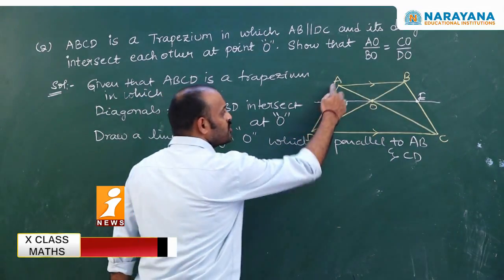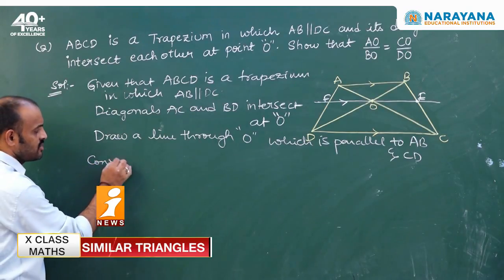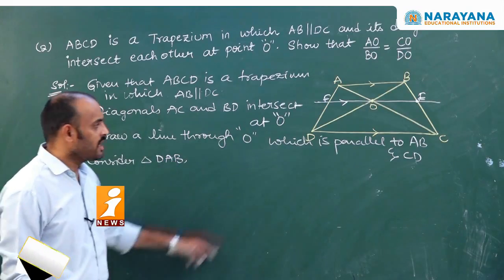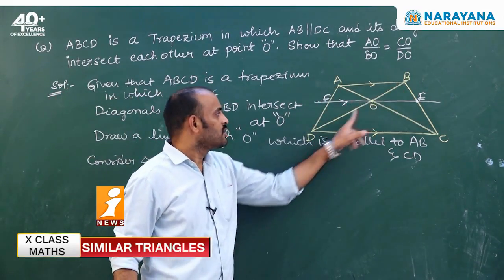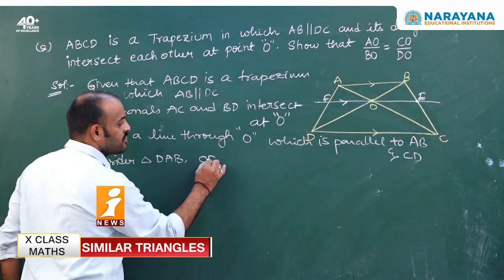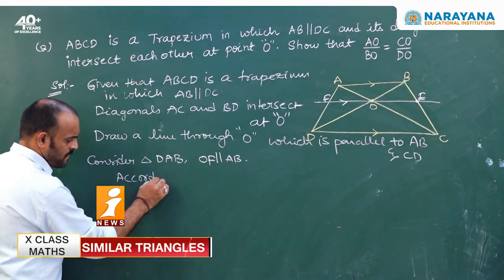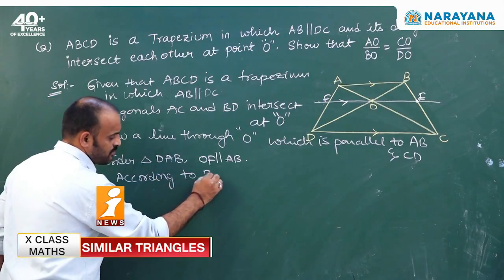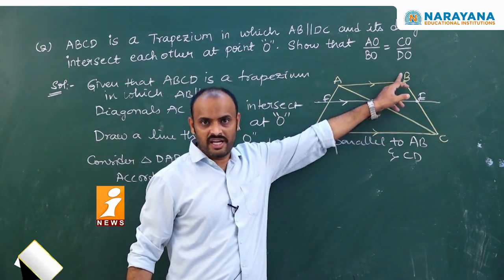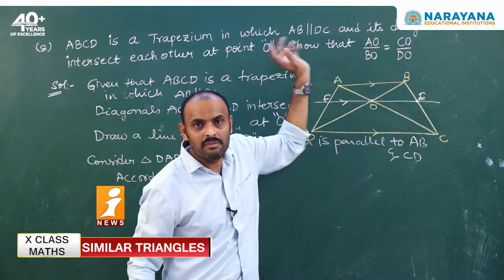Now I can make use of ABD triangle. Consider triangle DAB. OF is parallel to AB. Yes or no? OF is parallel to AB. Therefore, according to basic proportionality theorem, if a line drawn is parallel to one of the sides, the line will divide the other two sides in the same ratio.